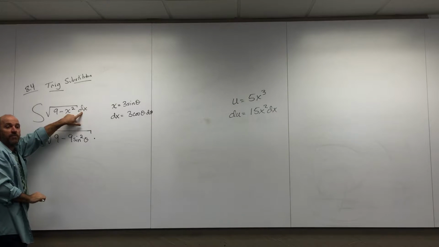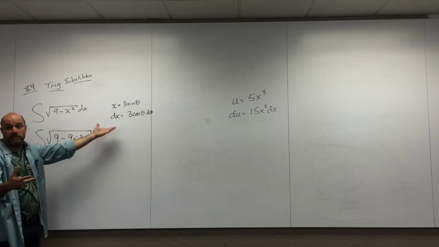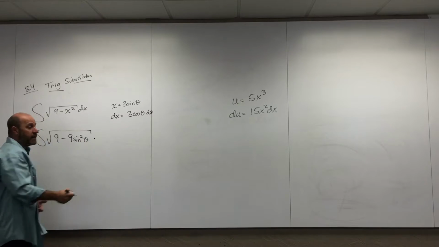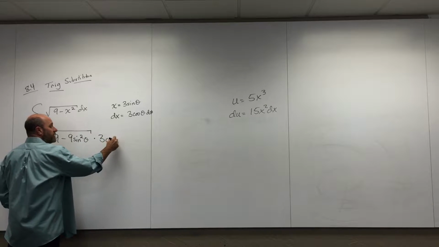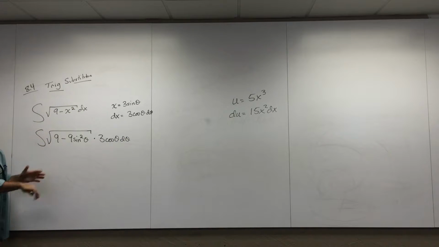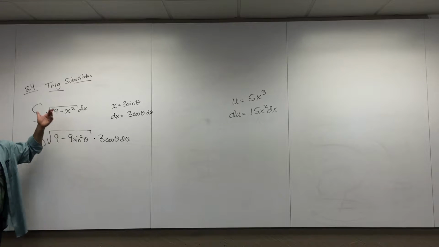What does dx get replaced with? 3 cos theta d theta. So we just turned an algebra problem into a trig problem, and the point was to get rid of this radical.